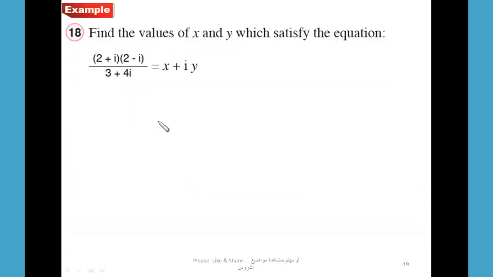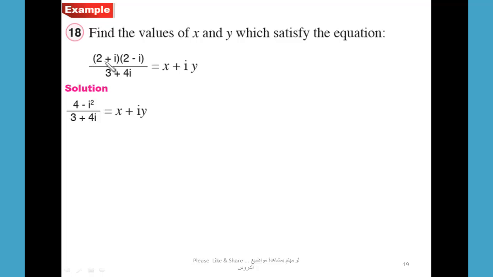How do we use it in problems? We have this example 18. Find the values of x and y which satisfy the equation 2 plus i multiply 2 minus i over 3 plus 4i equals x plus iy.